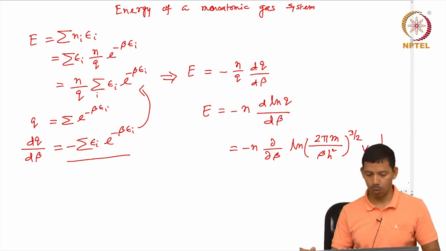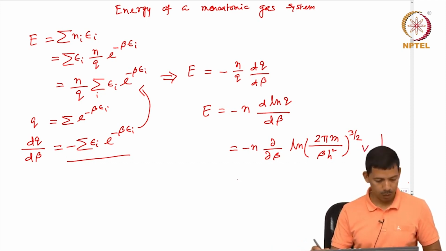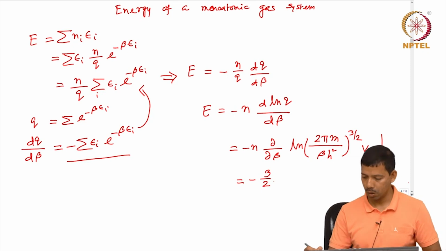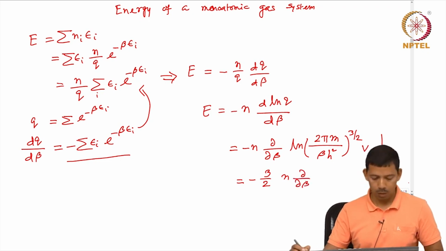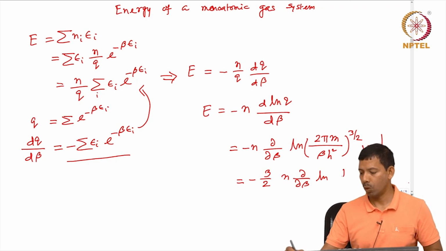If you simplify that, this should be minus 3 by 2 N del by del beta of ln 1 by beta. You can do this yourself.